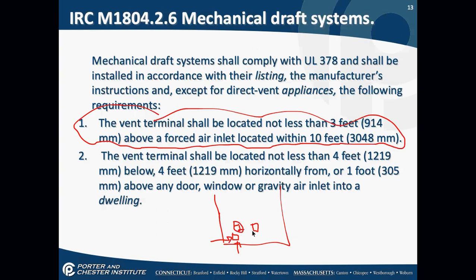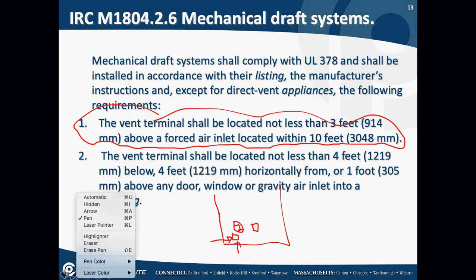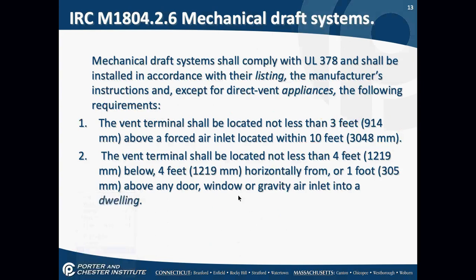So if I have my same wall here, and if I have 2 windows on this wall, and if this wall is only 10 foot long, and if these windows are 3 feet off the ground, can I install a power vent any place on this wall?